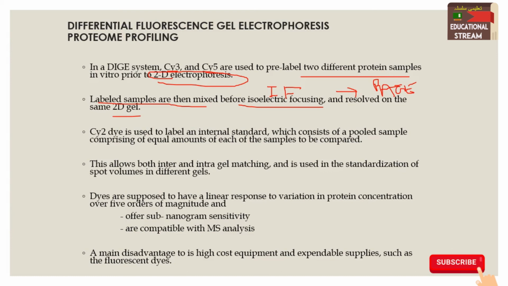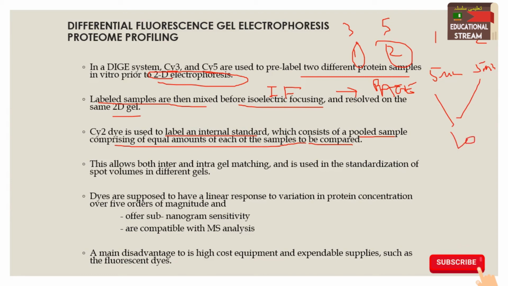Cy2 dye is used to label an internal standard, and this internal standard consists of pooled samples. Pooled sample means we have taken an equal amount of each of the samples to be compared. Like we have taken samples 1 and 2, separately labeled them, one with the Cy3 and the other with the Cy5. And then for the internal standard, we take for example 5 microliter of each sample in equal concentration, mix and pool it to 10 microliter, and then label it with the Cy2 dye.